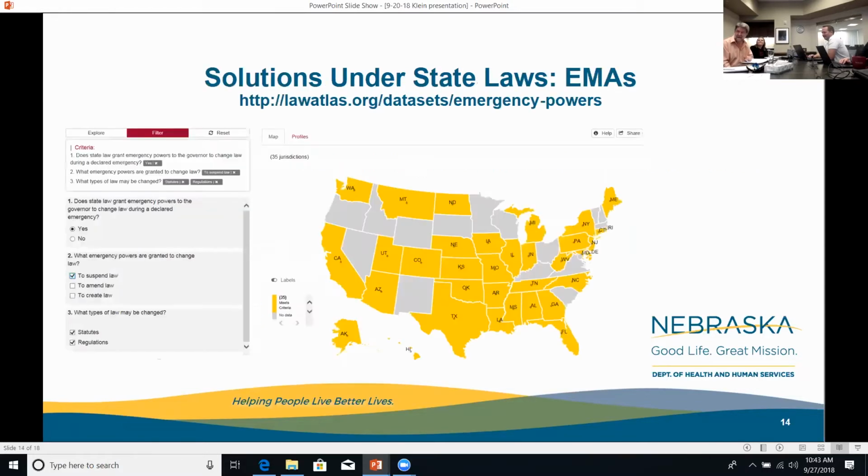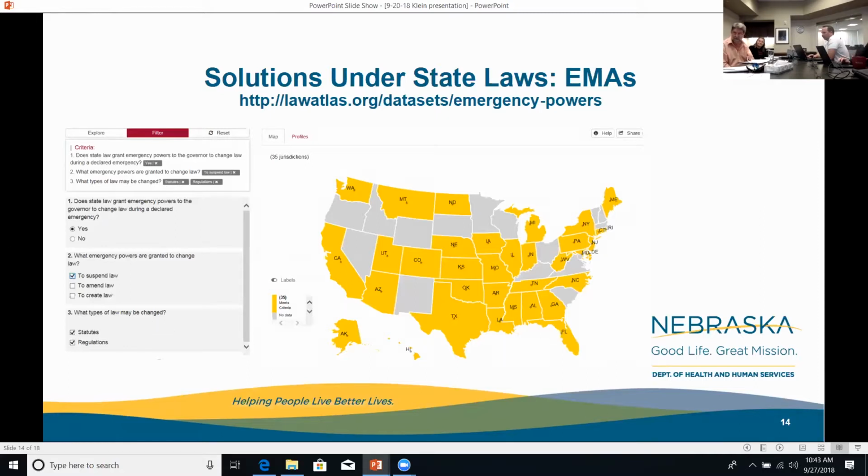Next slide, please. Okay, another aspect of the emergency management statutes that may impact volunteers, in addition to all of the stuff we've talked about earlier, is the act in Nebraska and in those states that are colored yellow or orange on the graphic. These are the states where the governor actually has the power to suspend, waive, or modify laws by a declaration or proclamation of emergency.